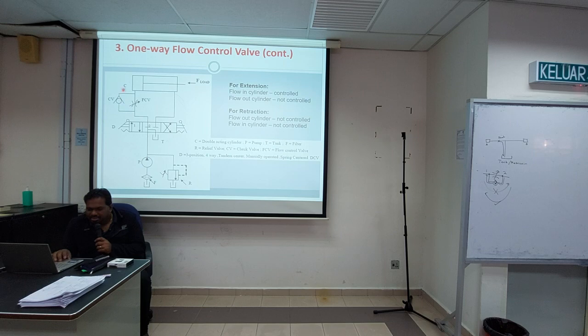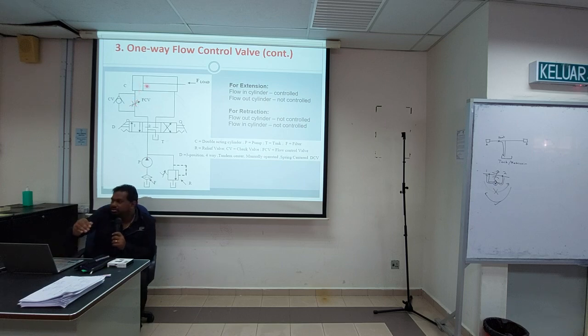So kalau kita tengok, so meter in, this one way flow control valve is placed sebelum dia masuk ke cylinder, on the left hand side. So dekat sini kalau you tengok, sebelah sini dia tak boleh pergi, dia dihalang. It only can go this way. So the hydraulic energy will be control dekat sini. So your cylinder akan extend slowly, slowly.